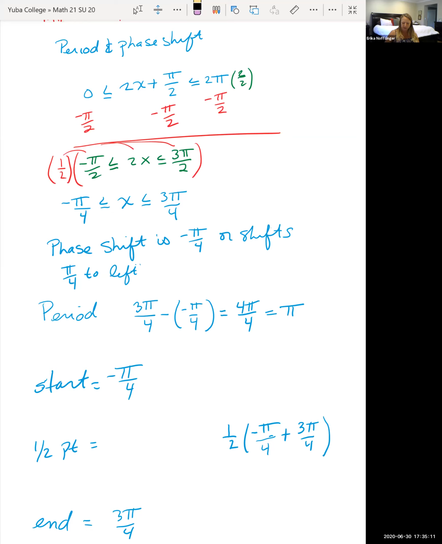So negative pi fourths plus 3 pi fourths is 2 pi fourths, and 2 pi fourths times a half gives me 1 pi fourths. Quarter-way point. Well, if you add the start point and the halfway point and divide by 2.